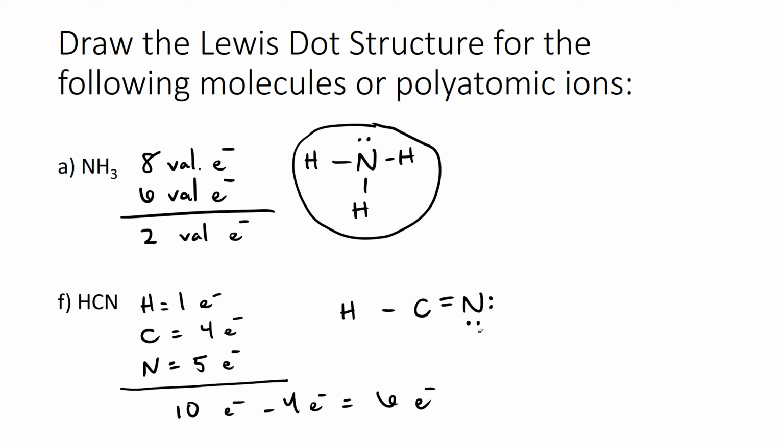So we can take another set of these electrons and make another bond between the C and N. Now hydrogen completes its duet. Carbon has 2, 4, 6, 8 electrons attached to it, and nitrogen also has 2, 4, 6, 8 electrons attached to it. So this is going to be the structure for the HCN molecule.